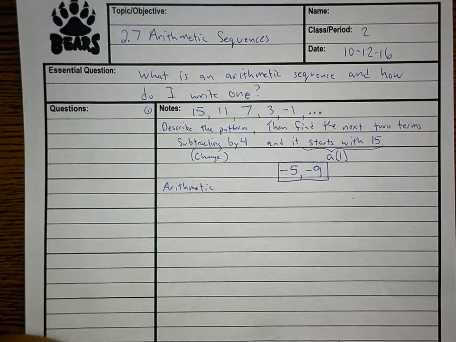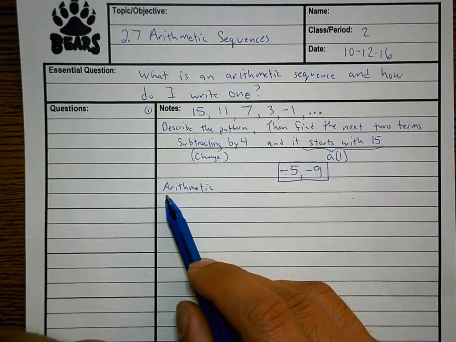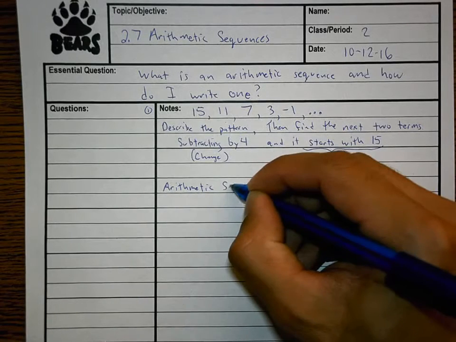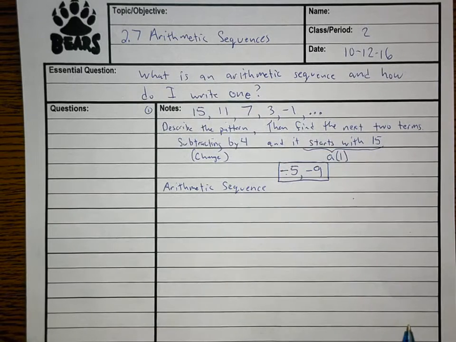It means the same thing. If you're reading this and you see arithmetic, that's fine. You can call it an arithmetic sequence if you want to. Tomato, tomato, potato, potato. Doesn't matter.